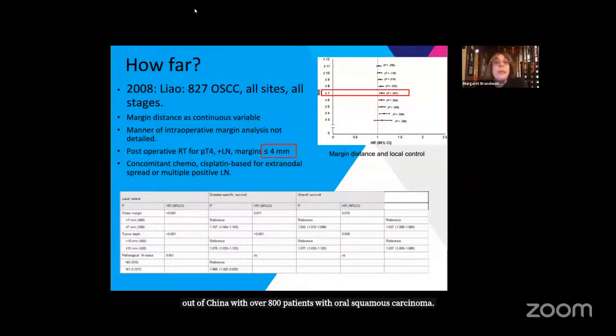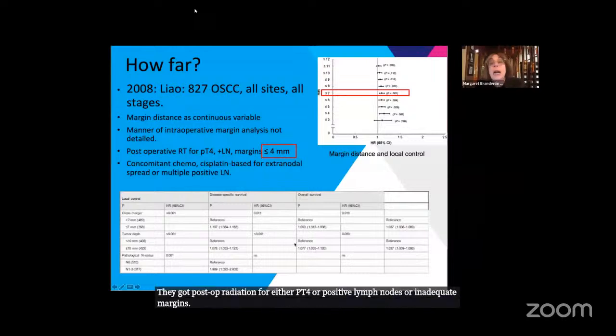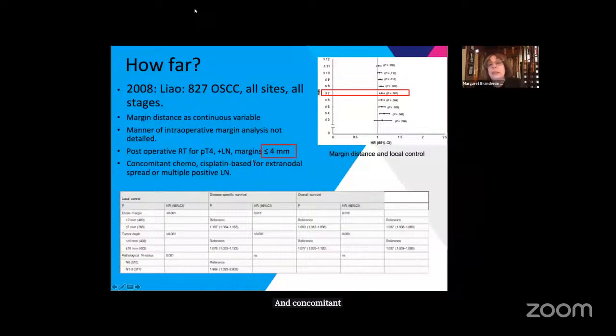Here they looked at margin status as a continuous variable. And patients were treated in a standard manner. They got post-op radiation for either pT4 or positive lymph nodes or inadequate margins, and concomitant chemo, cisplatin-based, for extranodal spread or multiple positive lymph nodes.